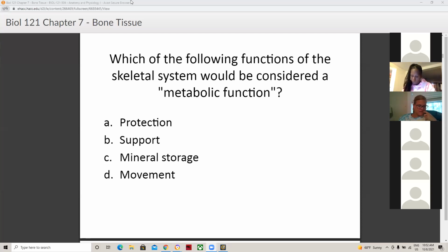So that's just a guess. Okay, that's close. It's actually mineral storage, because if you think about how often minerals are involved in protein structure, if you remember from chapter 2, minerals are very important in maintaining protein structure. And you have to maintain the protein structure to maintain the function. If an enzyme or protein doesn't have the right structure because trace minerals are not present, the metabolic function will not occur.